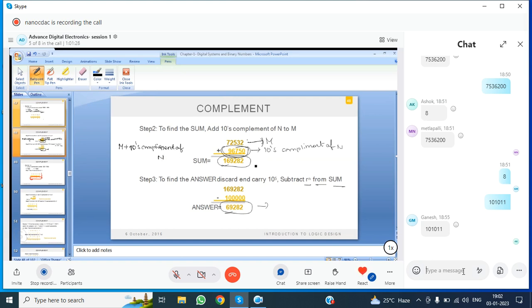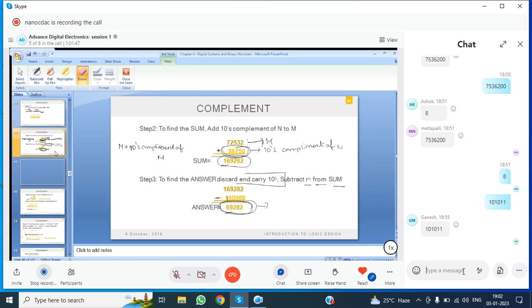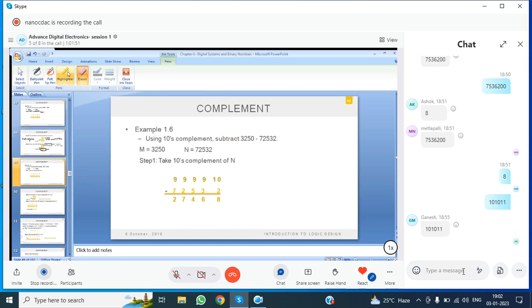Whatever the sum you are getting, you need to subtract 100000 from it. So finally what you are getting is 69282. Okay, so this is what it is. One more I will show you.